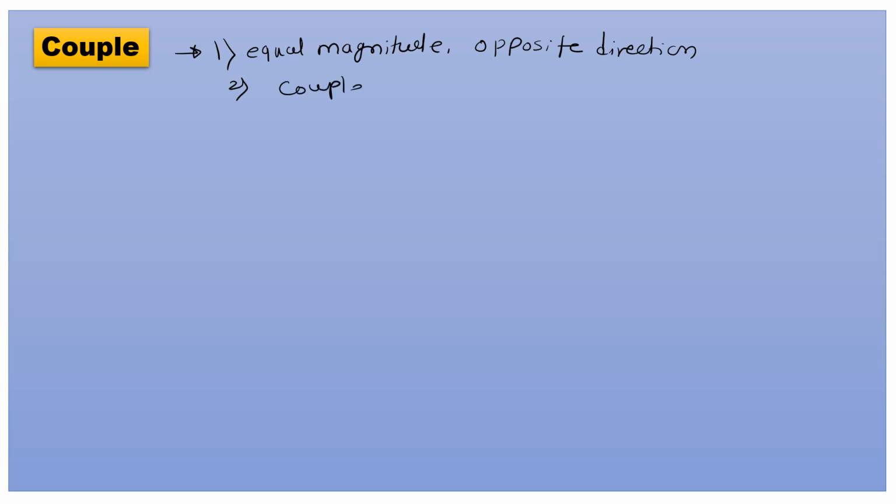The next is couple. A couple is a pair of forces which are equal in magnitude but opposite in direction, and a couple is itself a moment. First, equal in magnitude, opposite in direction. Second, a couple is itself a moment, and moment is nothing but the turning effect of a force.